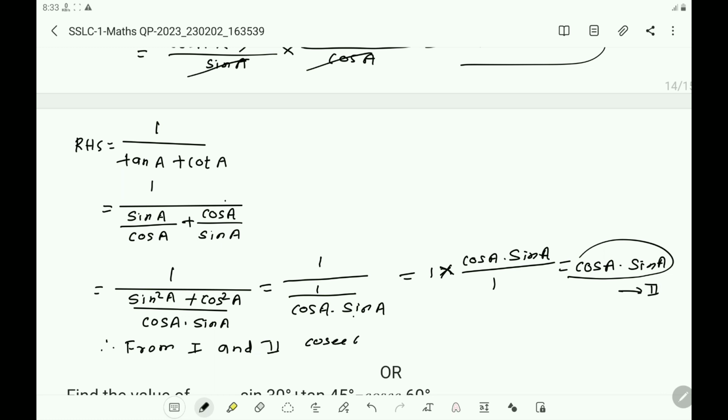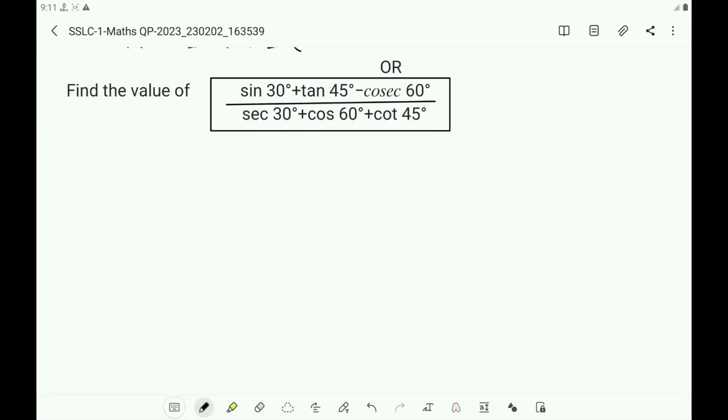Then you write cosec A minus sin A into secant A minus cos A equals 1 by tan A plus cot A. Now the next question.